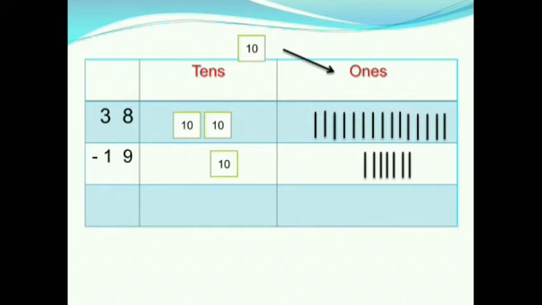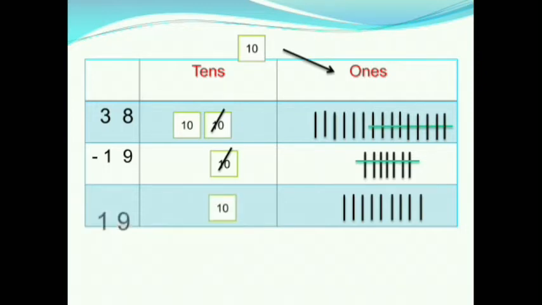If 9 units are subtracted from 18 units, 9 units are remaining. Now in tens place, instead of 3 tens, 2 tens remaining. If 1 ten is subtracted from 2 tens, 1 ten is remaining. Therefore 38 minus 19 is equal to 19.